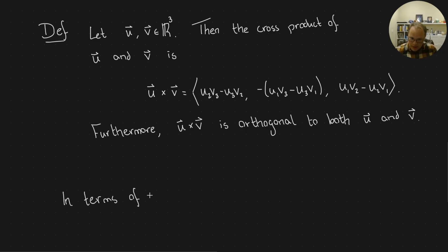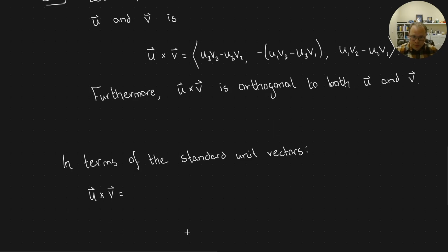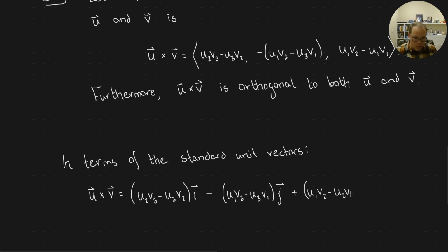In terms of the standard unit vectors, we get that the cross product of u and v is equal to the first component, u2 v3 minus u3 v2, times vector i, minus u1 v3 minus u3 v1 times vector j, plus the third component, u1 v2 minus u2 v1, times vector k.